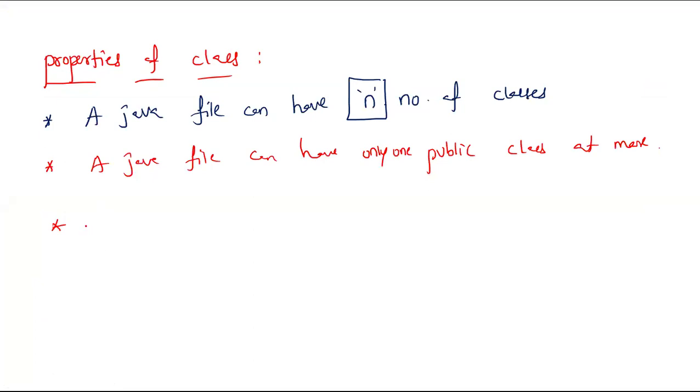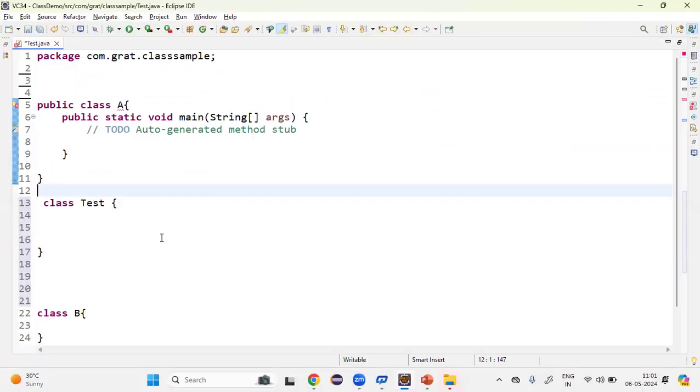No, okay, so at the time of creation itself. Okay, yeah, then your point is correct. So here, the file name and the class name have to be the same. Only such classes are allowed as public classes.